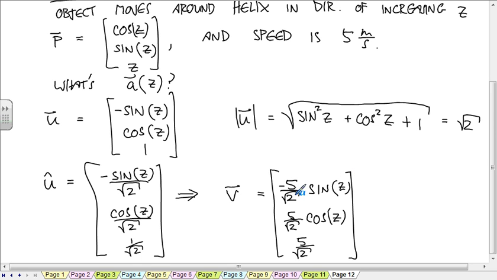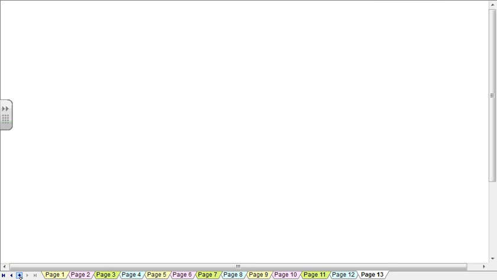So now we have a fairly nice looking expression for the velocity vector. So the acceleration vector is dv/dz times the z component of the velocity.